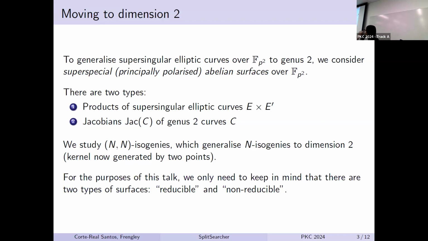I won't go into the details of these objects, because for the purposes of this talk, we only need to keep in mind that there are two types of surface: those that are reducible, which you can reduce to the dimension 1 case, and those that are non-reducible.